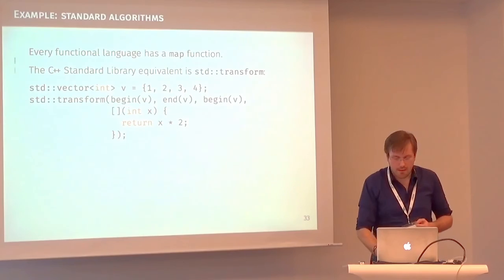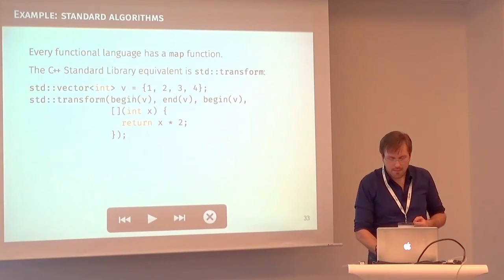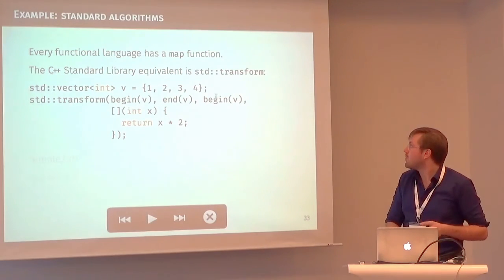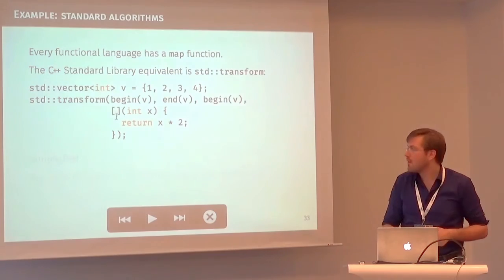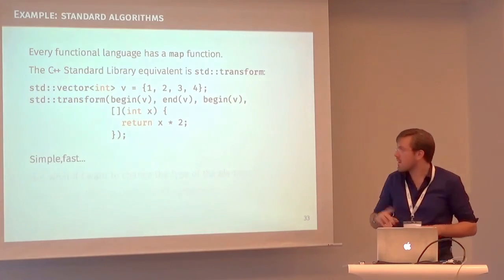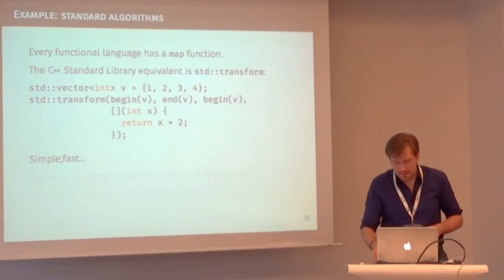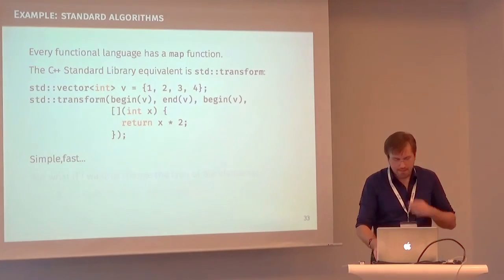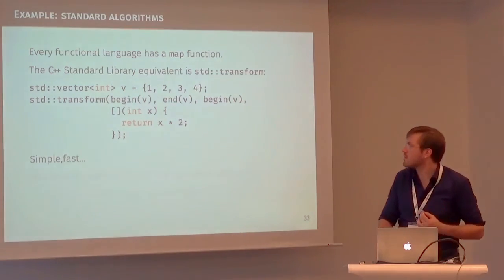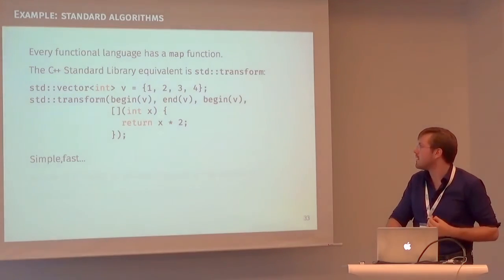We give it the pair of iterators of the input sequence, the output iterator where to write the results, and the function object. It is simple. Is it fast? It is fast because inline works very well. But there's something that looks not all right here.